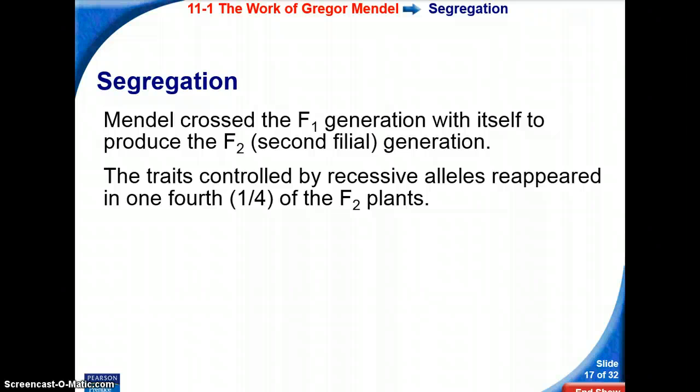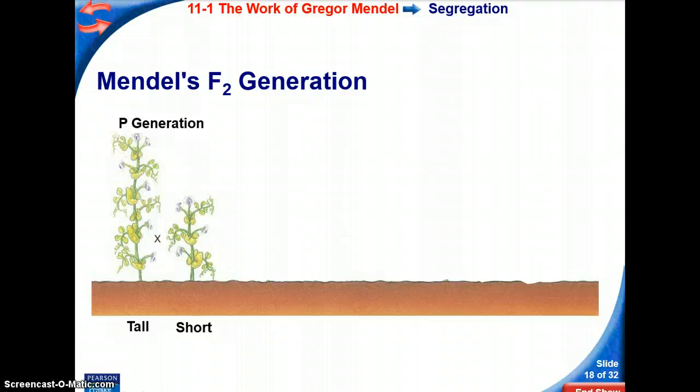And what he found was that the traits controlled by recessive alleles appeared in a 1/4 of the F2 plants. So a quarter of the time, those recessive alleles started showing back up when he started crossing those F1 generations. And this is what that looks like.